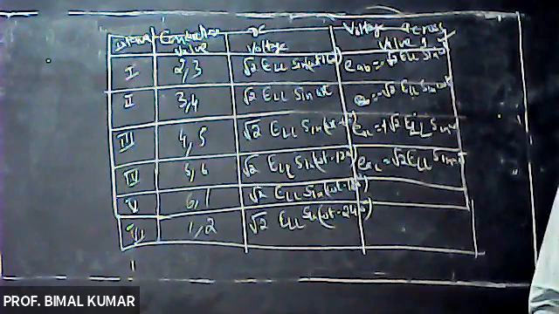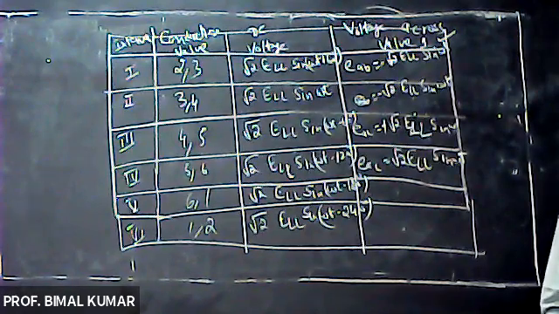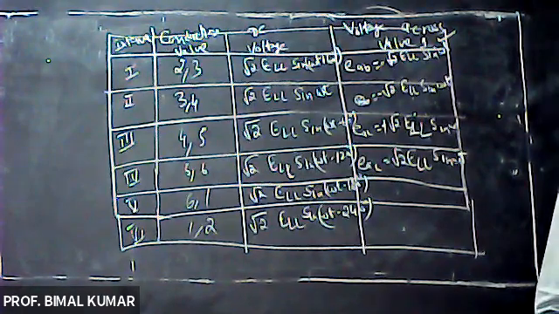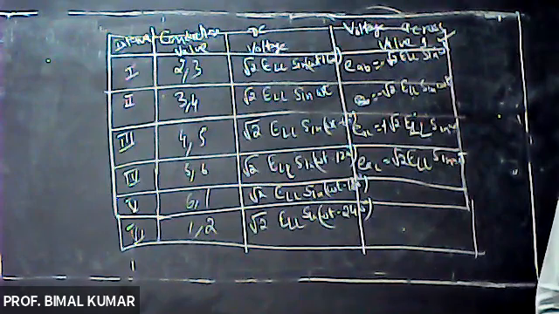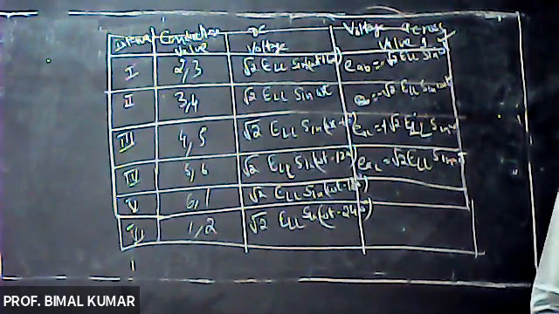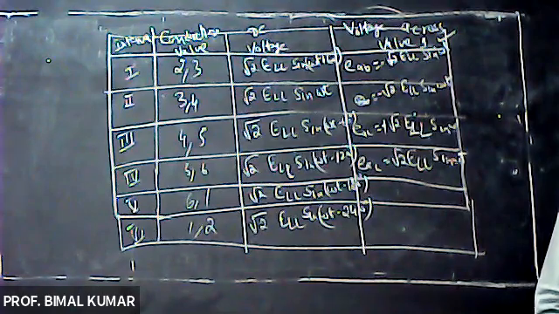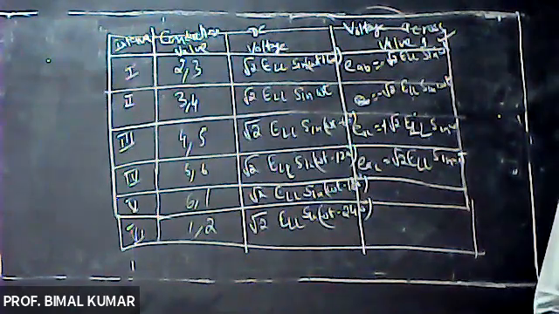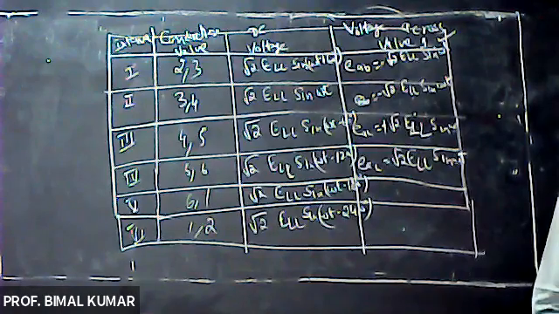During the first 120 degree, the voltage across the valve is negative with magnitude root 2 ELL sine omega t. During the next 120 degree interval, voltage across the valve is positive with the same magnitude as the previous, that means root 2 ELL sine omega t, right? And now see, it is important.